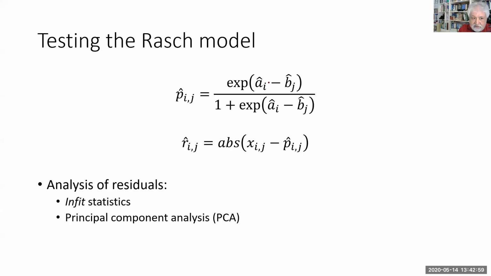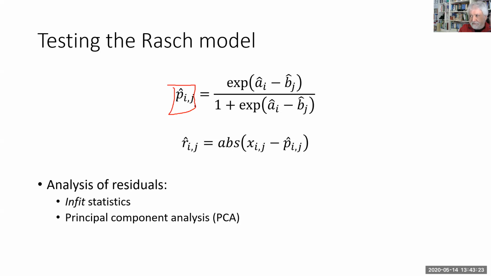And if you have the estimated values, you just plug them into the formula and you can calculate the expected probability for individual i to say yes to item j.